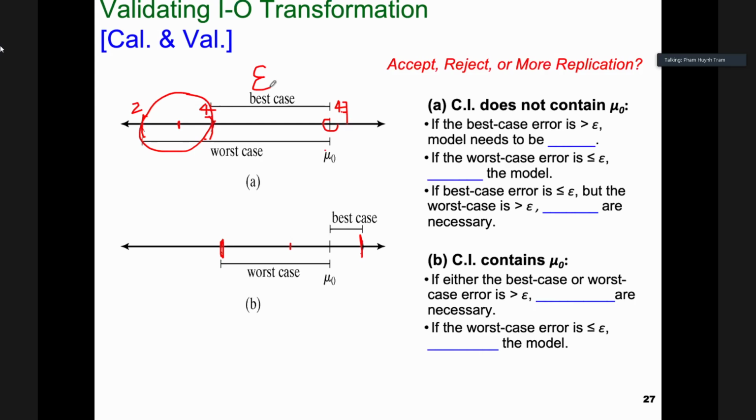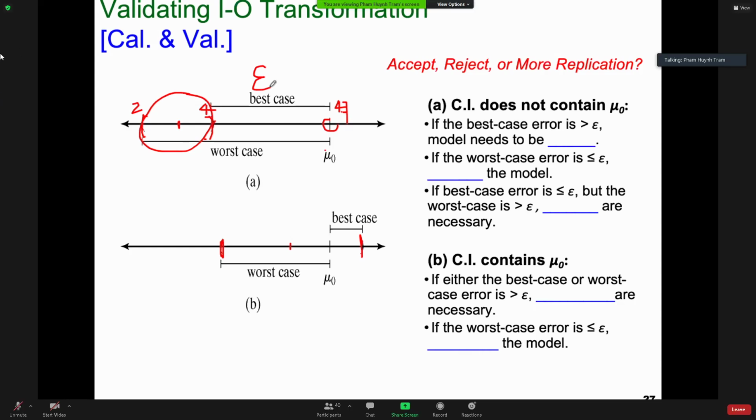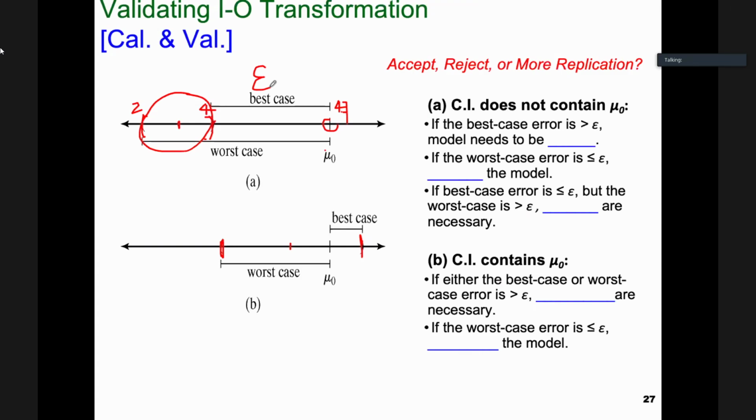So we allow epsilon to be 5 minutes, meaning as long as the simulation output and the real system are within 5 minutes difference, we would consider them the same from a practical point of view. Then what should be our conclusion? Let's say we give epsilon equal to 5 minutes. And here it is 4.7 minutes. It's only 0.7 minutes different, but we allow 5 minutes difference.